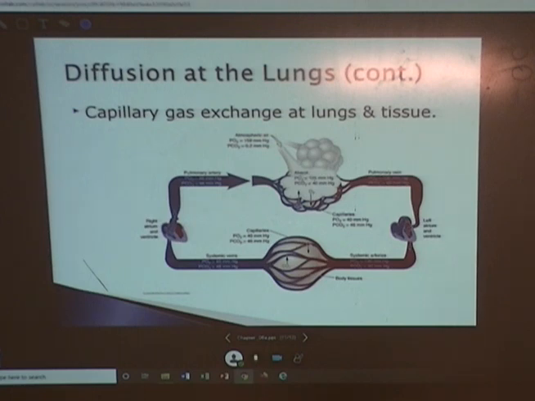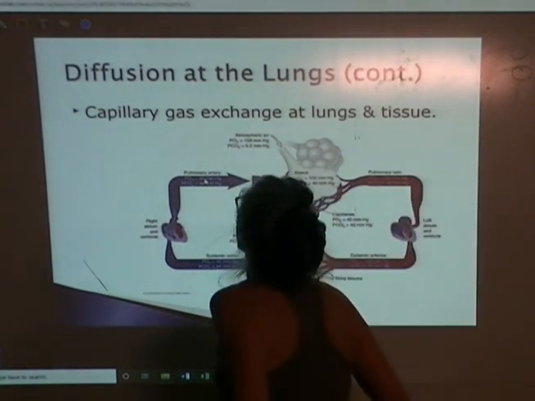Now, the oxygen is great inside my lungs, but it's not helping me with energy production, okay? So we have to get it out of the lungs into the bloodstream. When we look at the blood coming through the pulmonary artery from the heart, and all of these are average numbers, right? Then the pressure of oxygen in the blood coming from the heart is about, I can't read that even with my glasses, about 40.